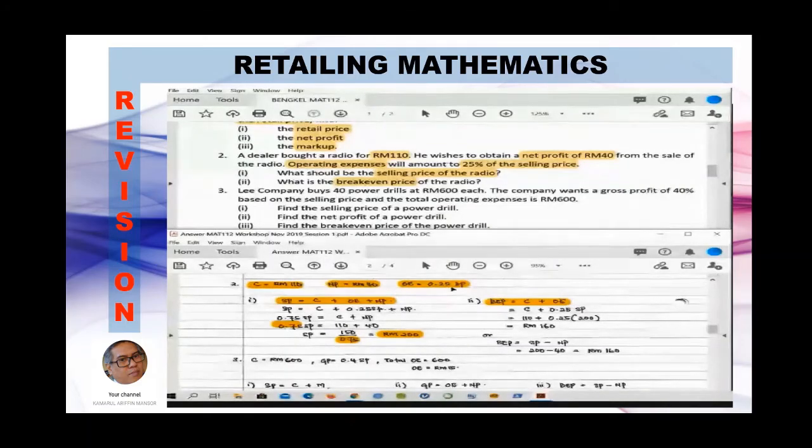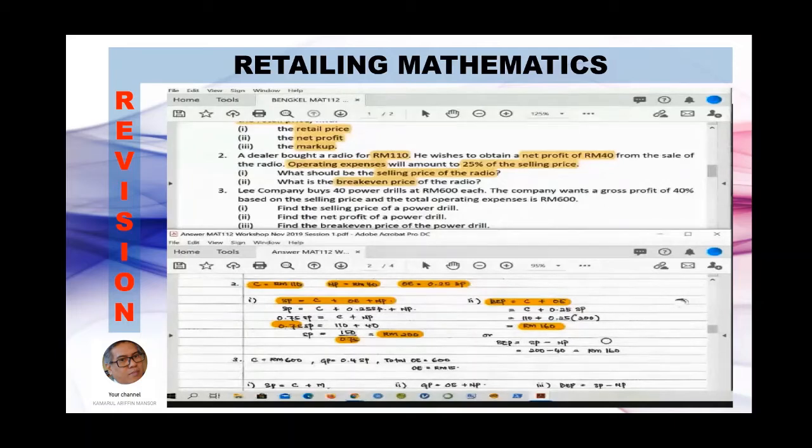And tadi kita dah cari nilai SP bersama dengan 200. So apa yang perlu kita buat adalah kita just simply gantikan SP tu dengan 200. So kita akan dapat 110 untuk cost, 0.25 darabkan dengan SP 200. So gabungkan kita akan dapat nilai break even price dia adalah bersamaan dengan 160.